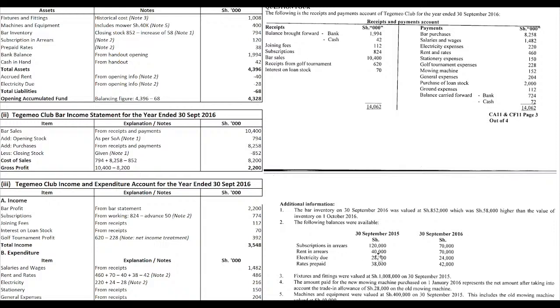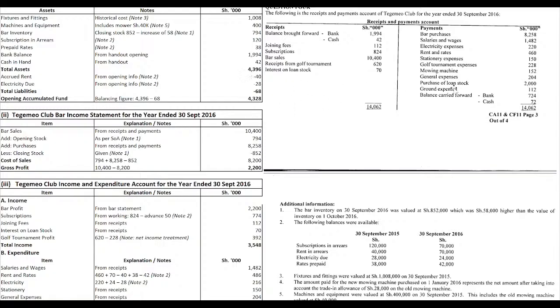We also have prepaid rates, which is 38. Then we also have the bank balance. From the handout, we have a bank balance of 1994 brought forward. We also have cash in hand of 42. So when you look at our total assets, we get 4396.